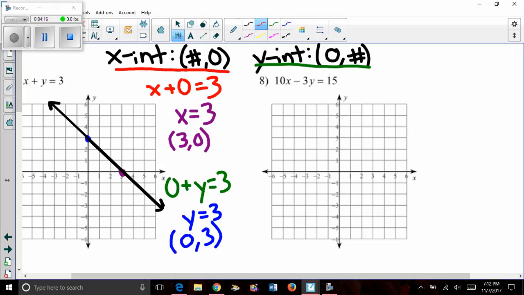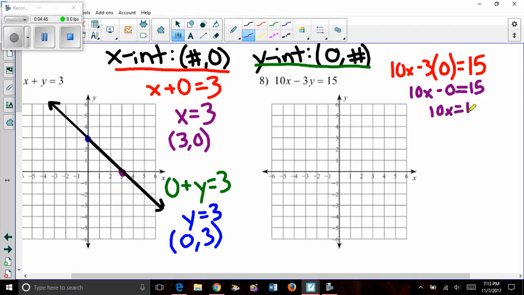To do that, let's start with 10 times x minus 3, this time times 0. I'm going to replace y with 0, equals 15. Well, negative 3 times 0 is just 0, so 10x minus 0 equals 15, which becomes 10x equals 15.